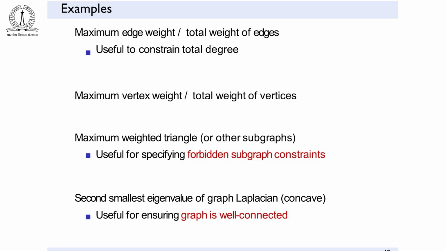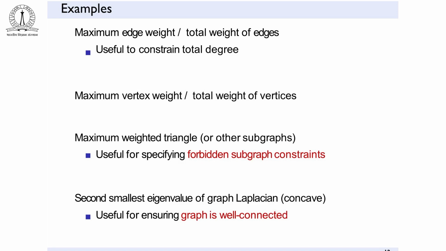No, so it is a graph invariant, but it is not a convex graph invariant. But the largest edge weight, if you're thinking about weighted graphs, say, is a convex graph invariant. So the convexity condition does impose restrictions. Not every possible graph invariant, as you might expect, is a convex graph invariant. So we need to be careful about the ones we decide to use.